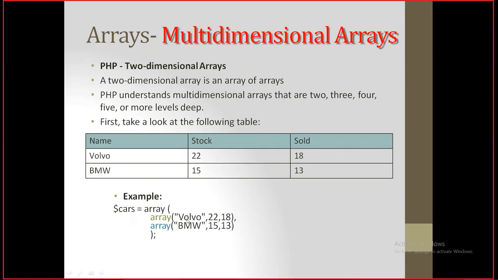Once we create the row, we'll put a comma and then again call the array function and provide the values which are to be inserted in the next row of our matrix. Pretty clear? Okay, and the result would be that we will be creating such a matrix structure. So this is how we can create multidimensional arrays in PHP, right? Okay.